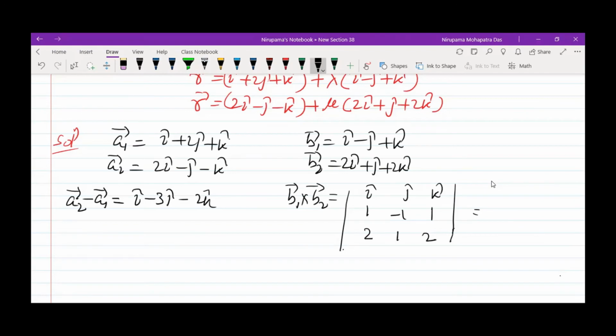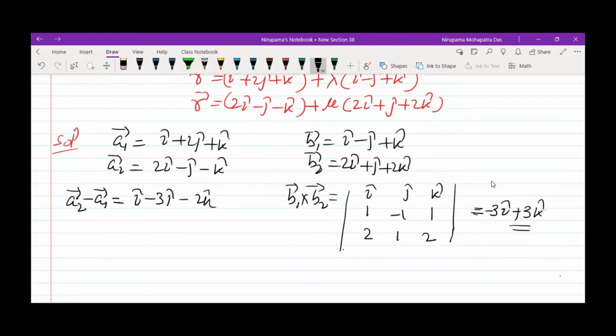This is equal to 3i, minus 3i plus 3k. Okay, this is b1 cross b2.